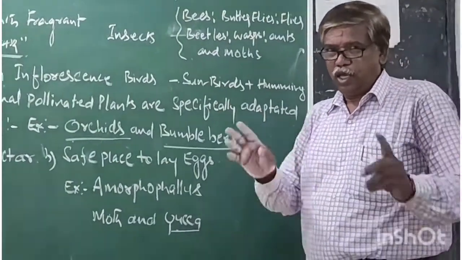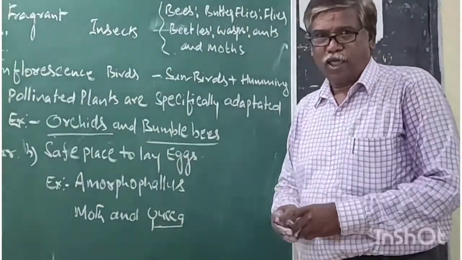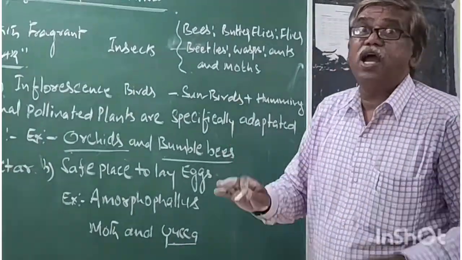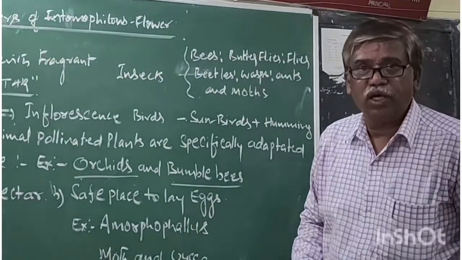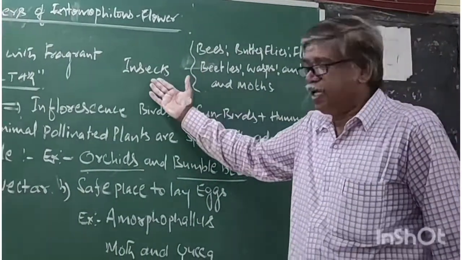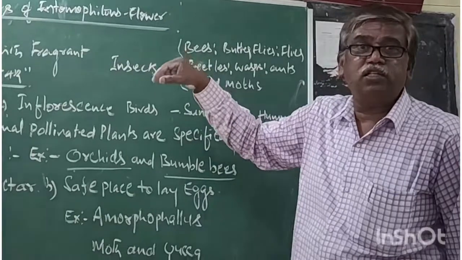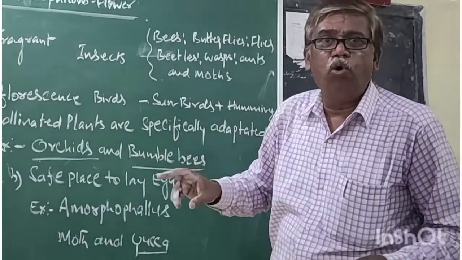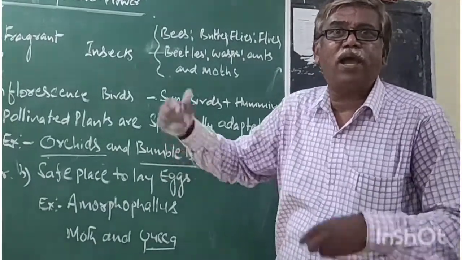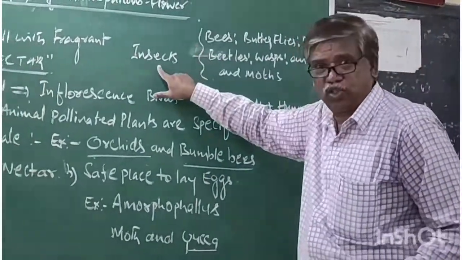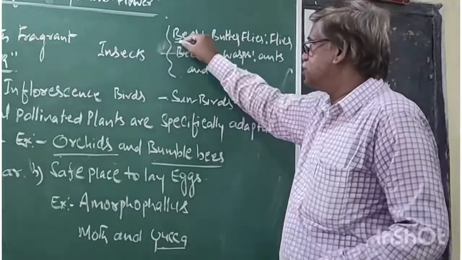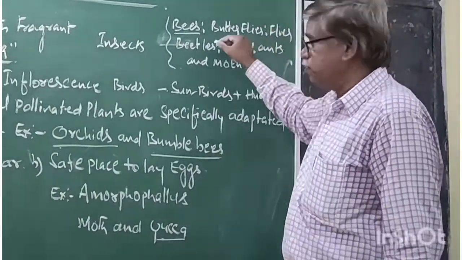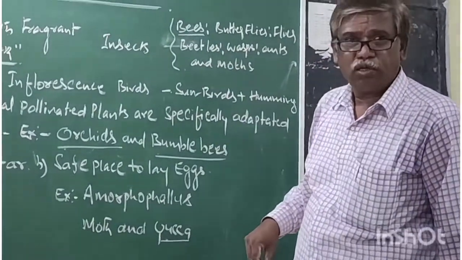Now, abiotic, biotic. Just keep in our mind: among these biotic agents, pollination by insects, entomophily, is more common than the other biotic ones. Among these insects, bees, of course butterflies, flies, and beetles also help in pollination.